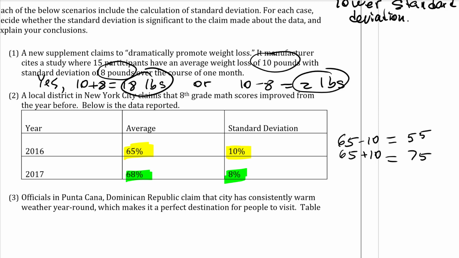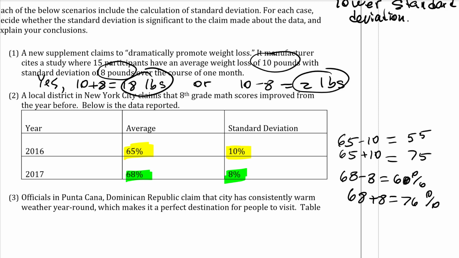Now in the other year it becomes 68 minus 8, so the scores are between 60% and 76%. Okay, so 60 and 76. Yeah, I said the right thing. It just looks like this is not a 0. So it's between 60 and 76.